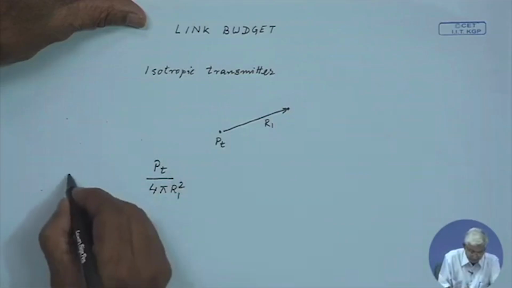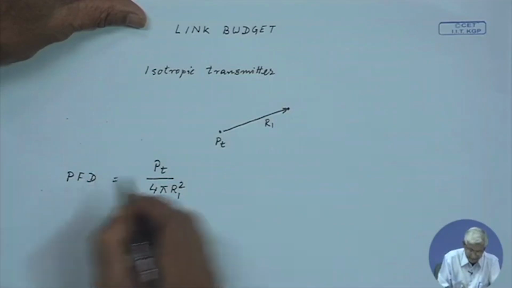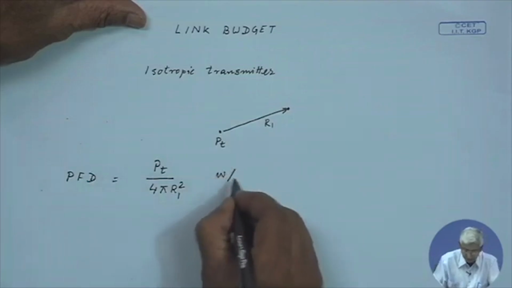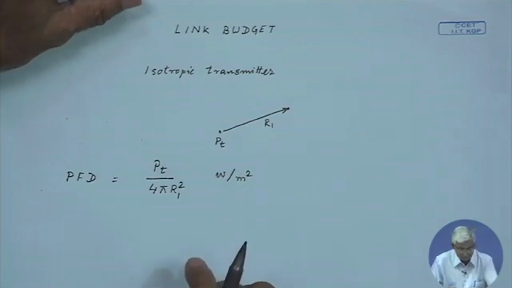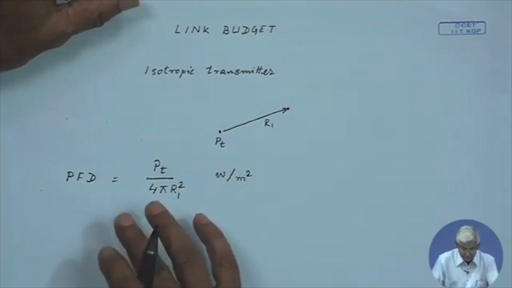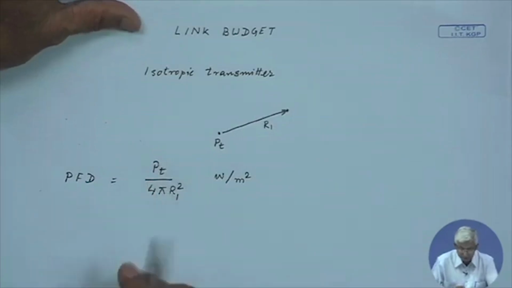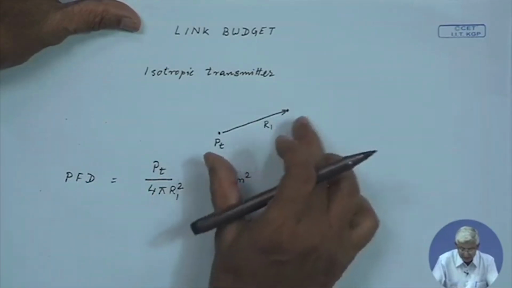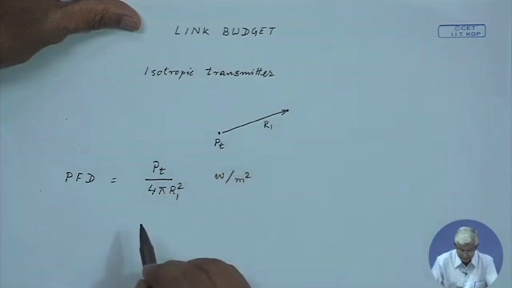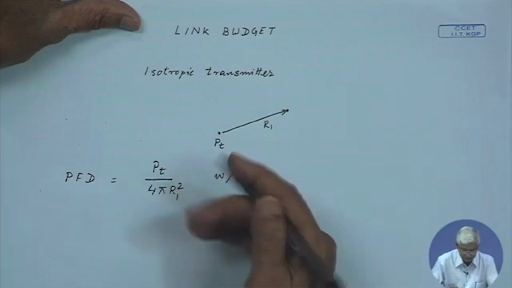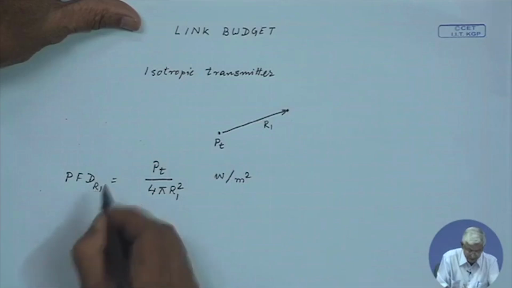This is called power flux density, and its unit is watt per meter square. Now let us look at this. As I increase the distance, the power is reduced by the square of the distance. This is the PFD at R1.